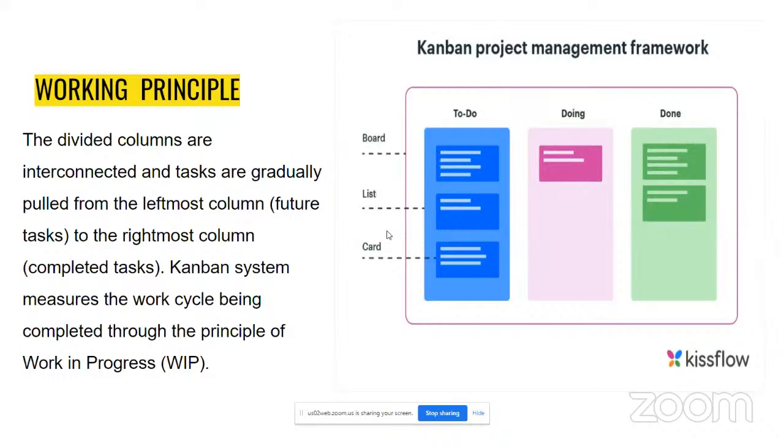Now, how work in progress works is it puts the work before the capabilities of the team. So how you measure the success rate of a project that has been done through Kanban is using the principle of work in progress. Sorry, please next slide.